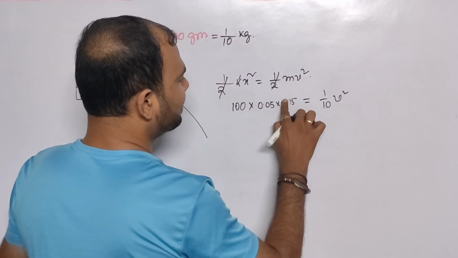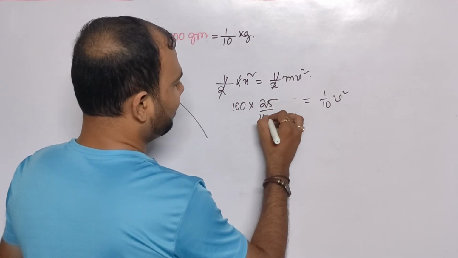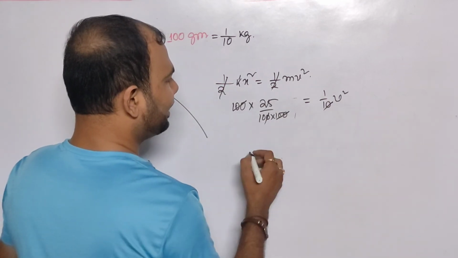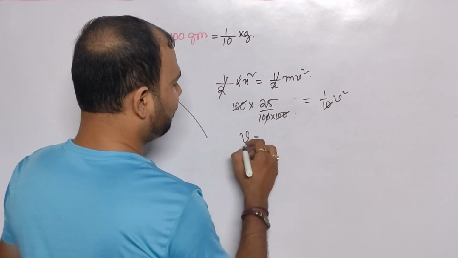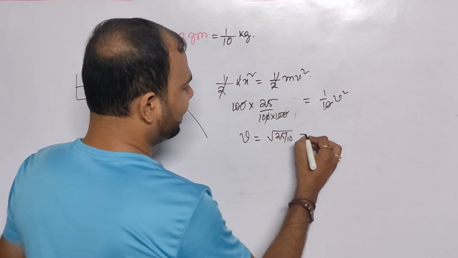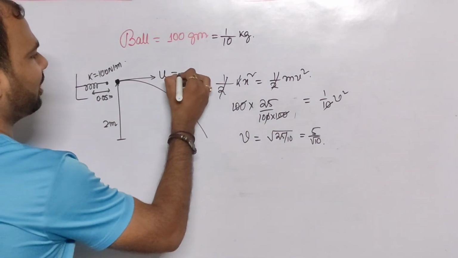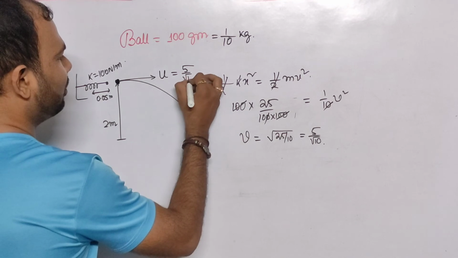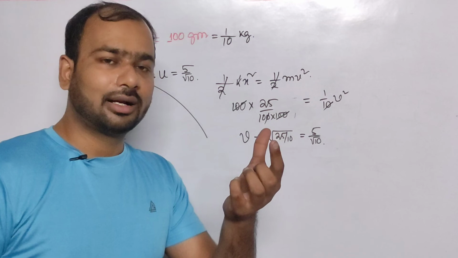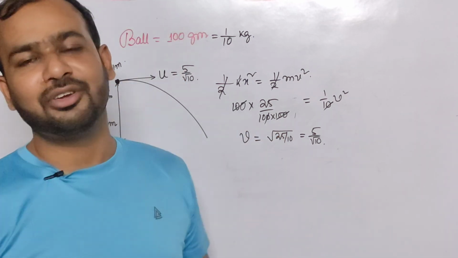So 0.05 means 1 by 100. So 25 by 100 into 100. 100 gets cancelled, 10 gets cancelled. So u, the initial velocity, is root over 25 by 10, that is 5 by root 10. This is the initial velocity, gained due to the compression of 0.05 meter.